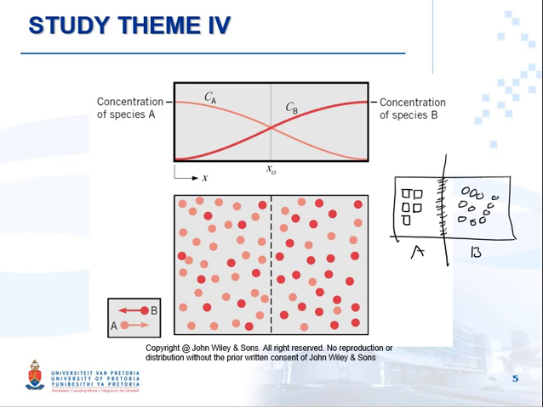The same concept can be applied to mass transfer. So the species will transfer or migrate from the area with a higher concentration to the area with lower concentration.